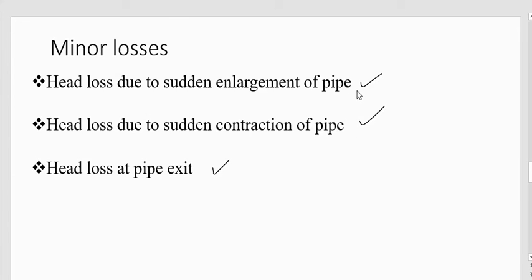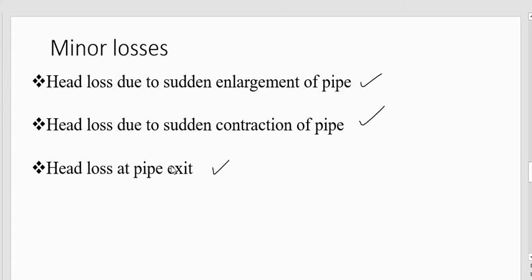These result in the formation of eddies, which create voids or spaces within the fluid, and the occupation of these spaces by the fluid will always result in head loss, registered as head loss due to either enlargement or contraction, due to the formation of eddies in the turbulent regime of the flow of the liquid within the pipe at that particular section.